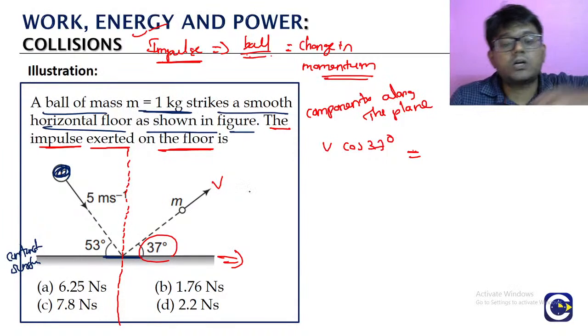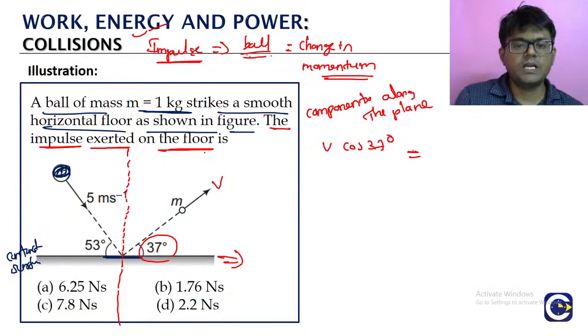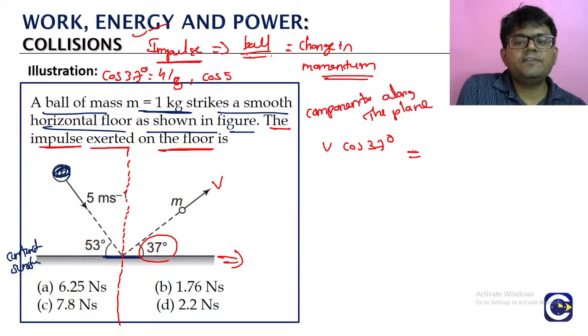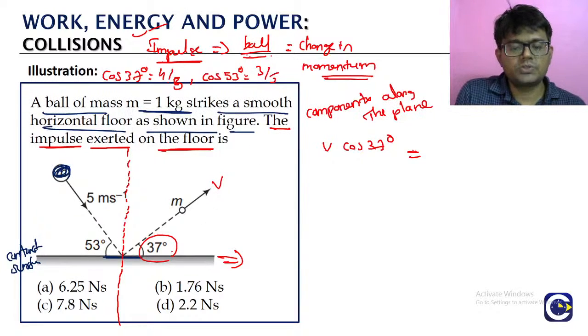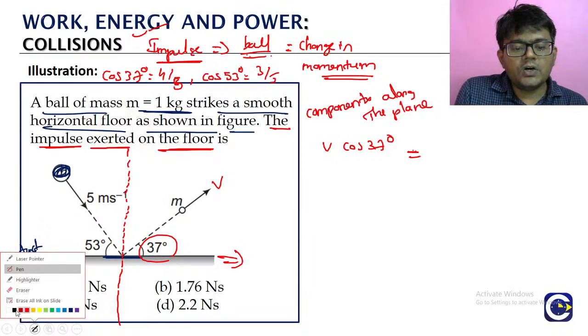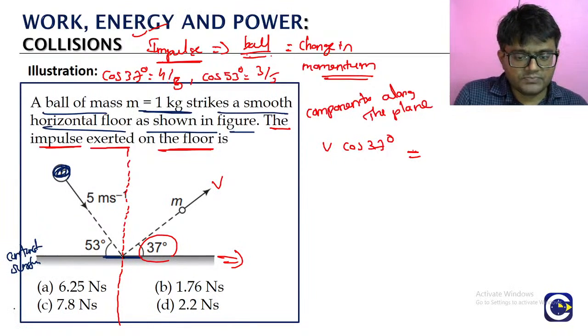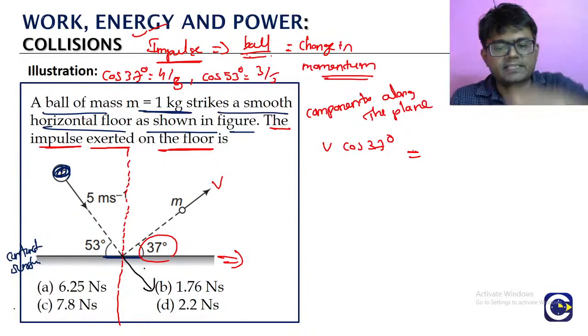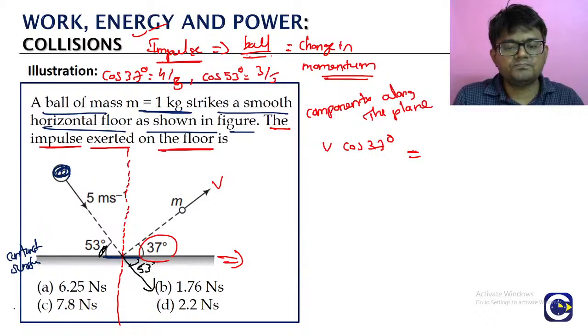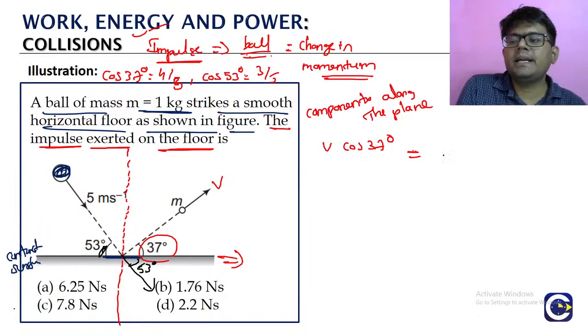The component of velocity along the contact plane is v cos 37. By the way, what is cos 37? 4 by 5. I hope you remember these two relations. Cos 37 is 4 by 5, and cos 53 is 3 by 5. Before the collision, the 5 meter per second direction is like this; this is 53, so the component is 5 cos 53.